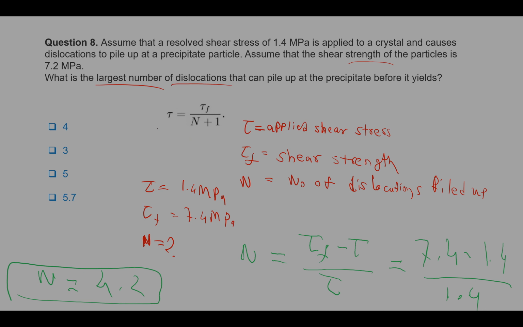And what they are asking is, what is the largest number of dislocations that can pile up at the precipitate before it yields? The first thing, the number should not be fractional, so 4.2 won't be correct. The second thing, this is nearest to 4.